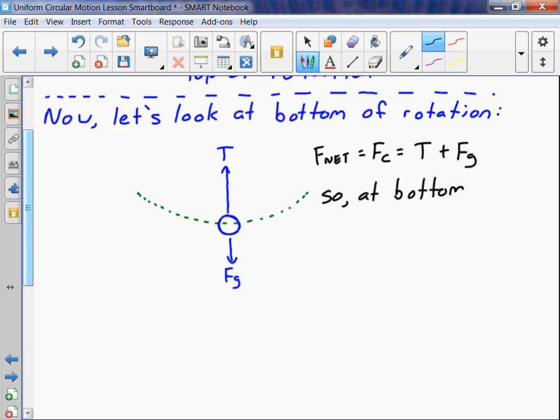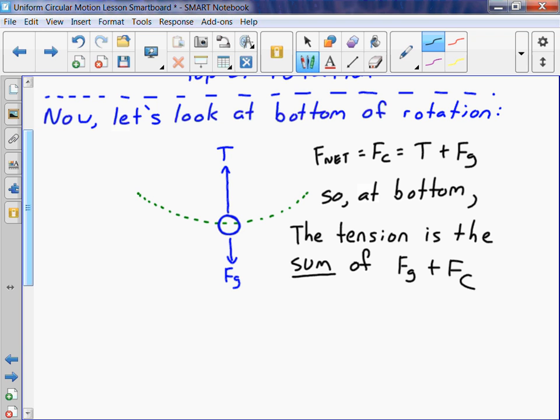Oh, it's T plus the acceleration. Which is always the least tension. Wait, but doesn't T equal FG? No. Oh, right, because it's the vector. It depends on the length of the string.